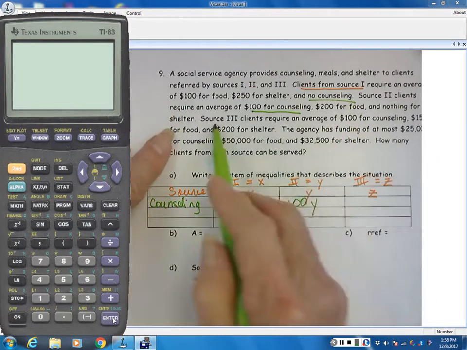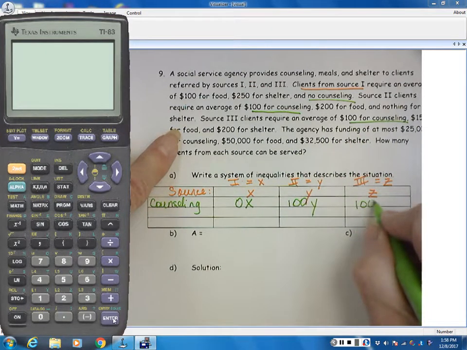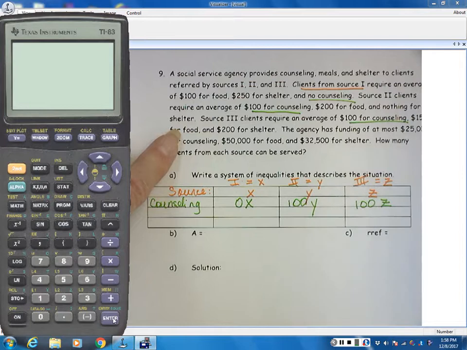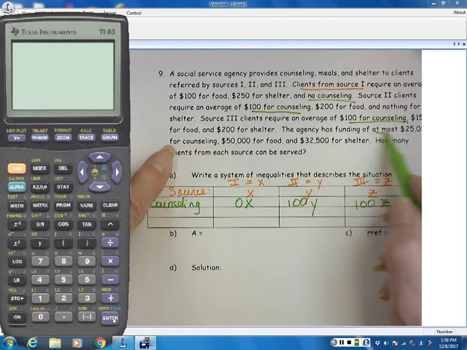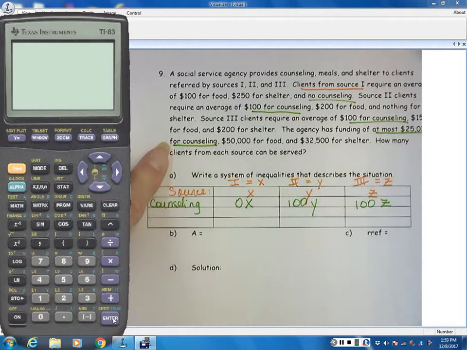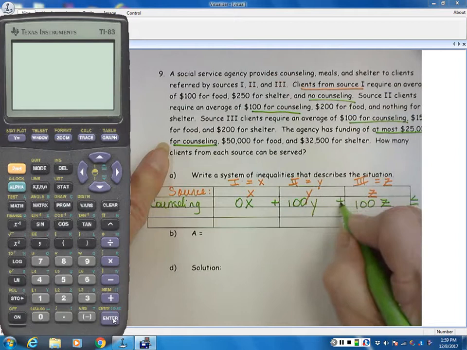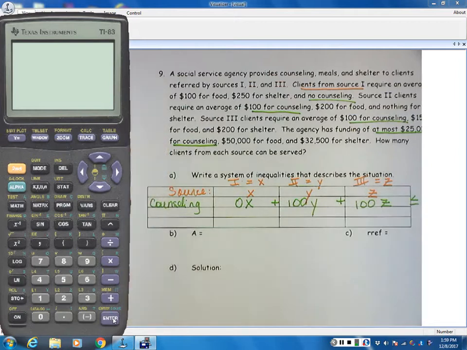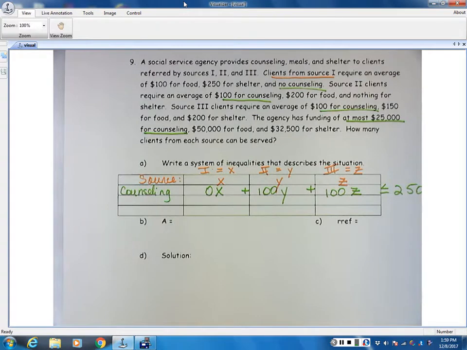And source 3 clients need 100 for counseling. And they have funding at most for $25,000 for counseling. So that gives you the equation 0x plus 100y plus 100z is going to be equal to or less than the $25,000.